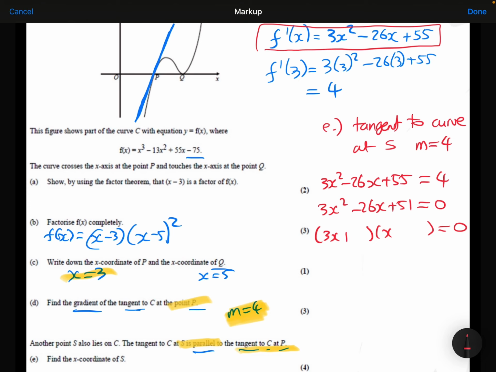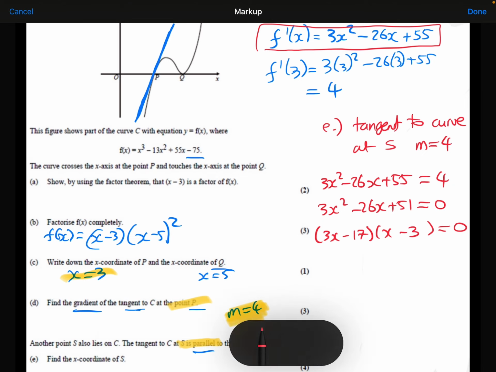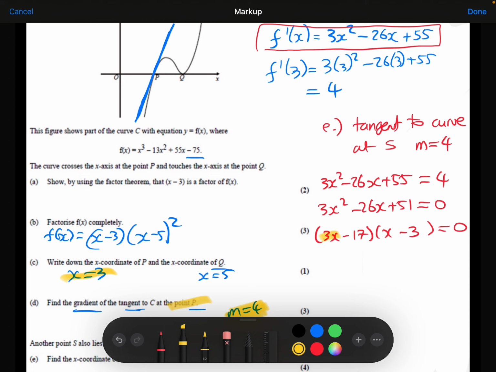But I think this is going to be a 51, I'm thinking 17 and 3. So I think that might be right. Let's just double check. The 3x times x is 3x squared. The minus 17 times minus 3 does give the minus 51. And the 3x times minus 3 gives minus 9x. And the minus 9 combined with the minus 17 does give minus 26. So yes, what I've said there is correct.